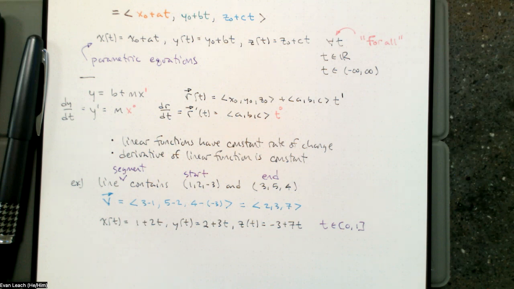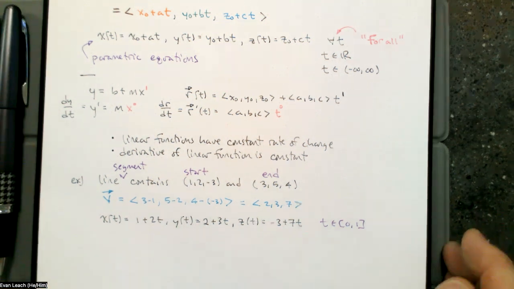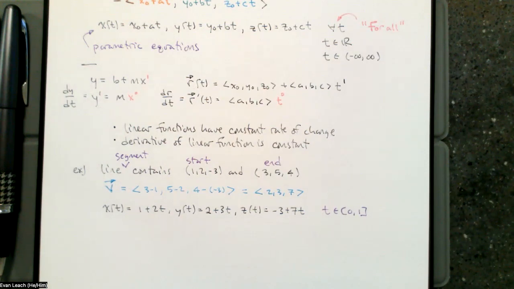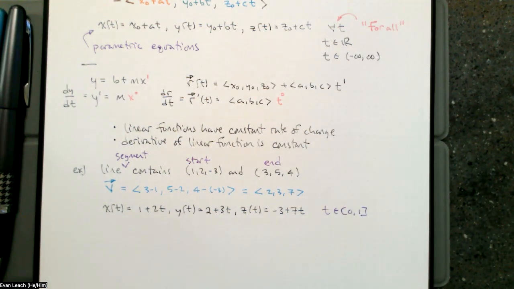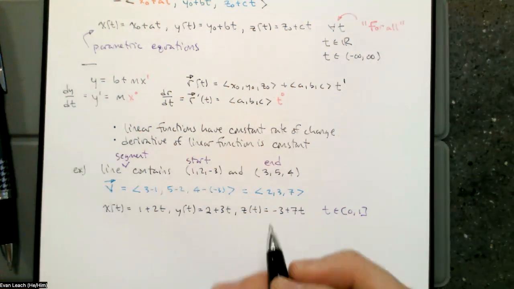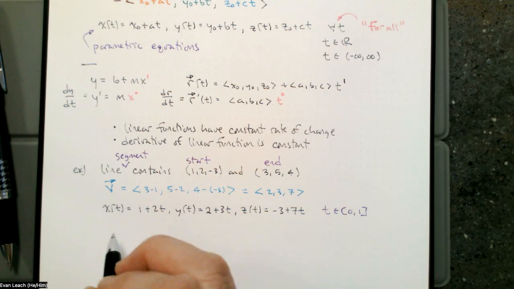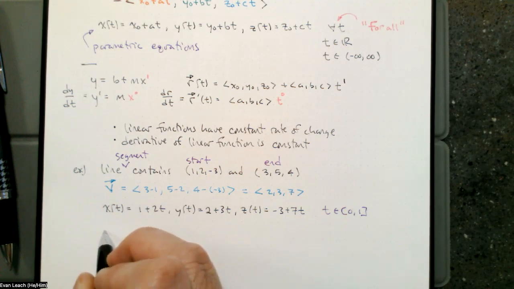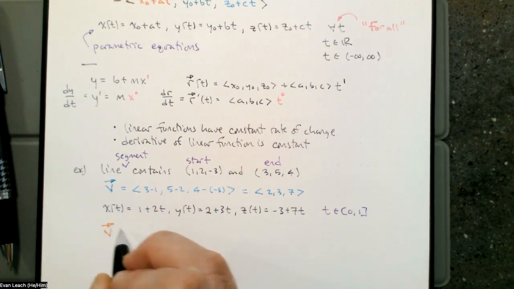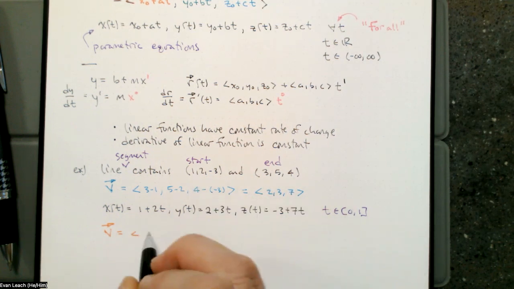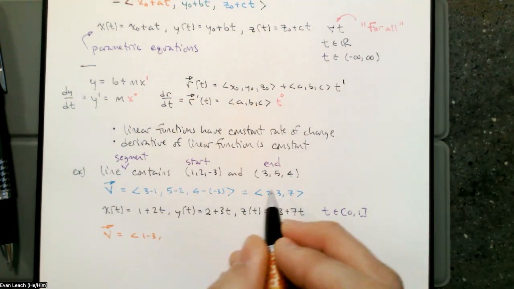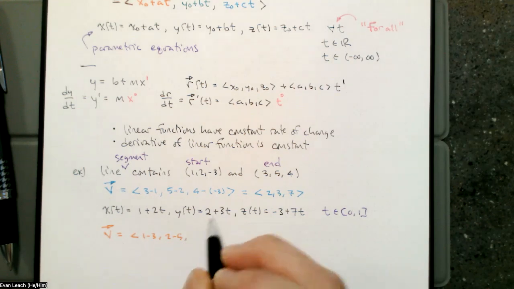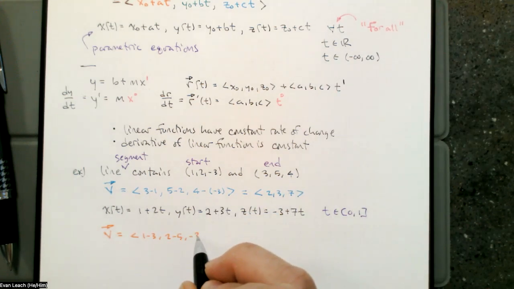We might be concerned that we wrote the points down in the opposite order. If we write the points down in opposite order, so maybe we looked at the problem and wrote the points down in opposite order, and we wrote this other v: 1 minus 3, and then 2 minus 5, and -3 minus 4.